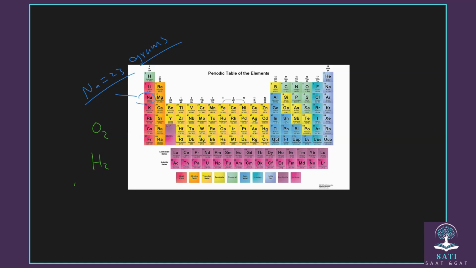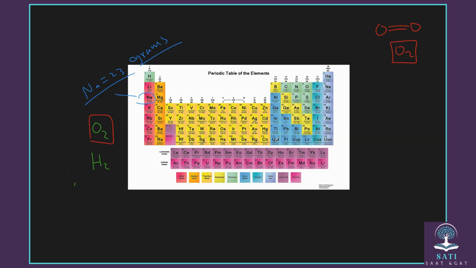So if I ask you, what is the molar mass of oxygen, and I write it like O2, it means O and O, with 2 bonds between them, which means the covalent bond. So these 2 atoms of oxygen represent O2, which is 1 molecule of oxygen.